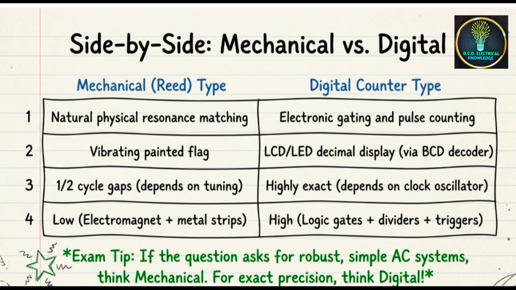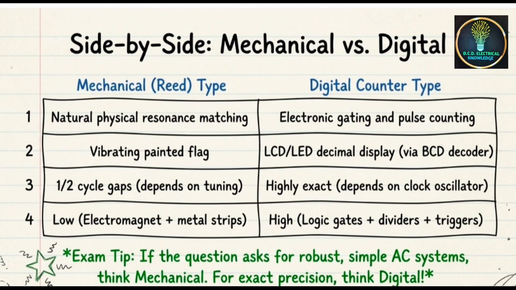Number two: vibrating painted flag, and LCD or LED decimal display via binary coded decimal decoder. Number three: half cycle gaps depend on tuning, while digital is highly exact, depending on the clock oscillator.